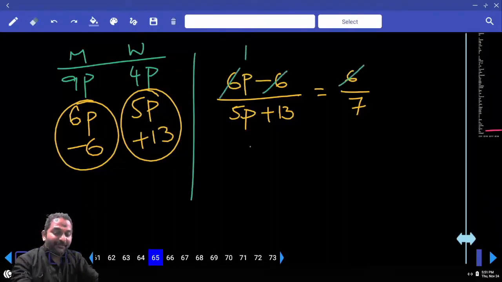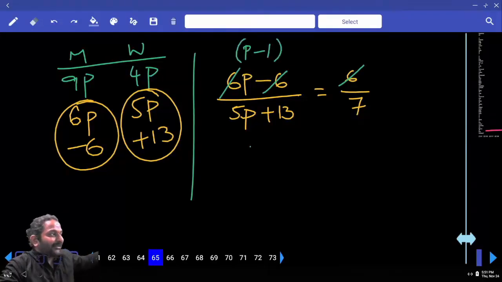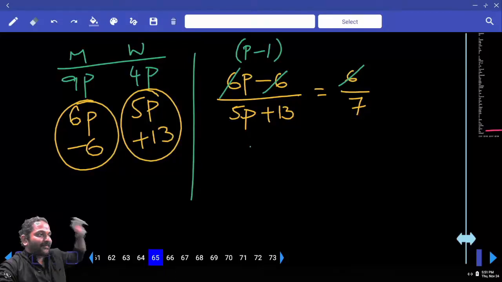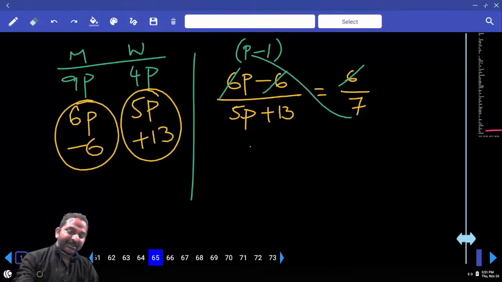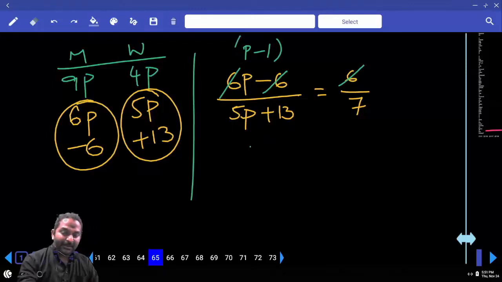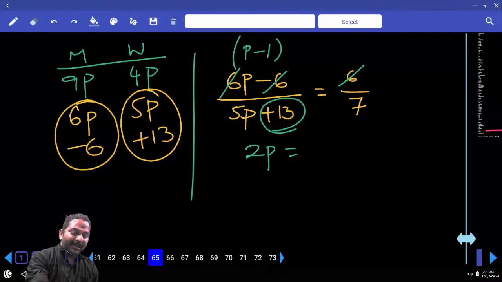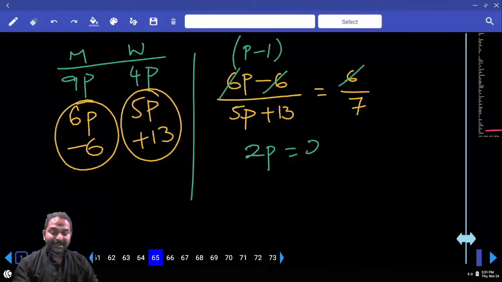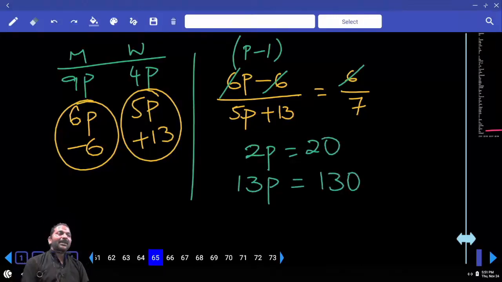So we have P minus 1 left over in the left hand side numerator. Agreed? When you go for cross multiplication, 7 parts minus 5 parts, difference 2 parts, is equal to 13 into 1, 7 into minus 1. Minus 7 goes to the other side, becomes 20. We were asked to calculate the initial quantity, total 13 parts, that has to be 130.